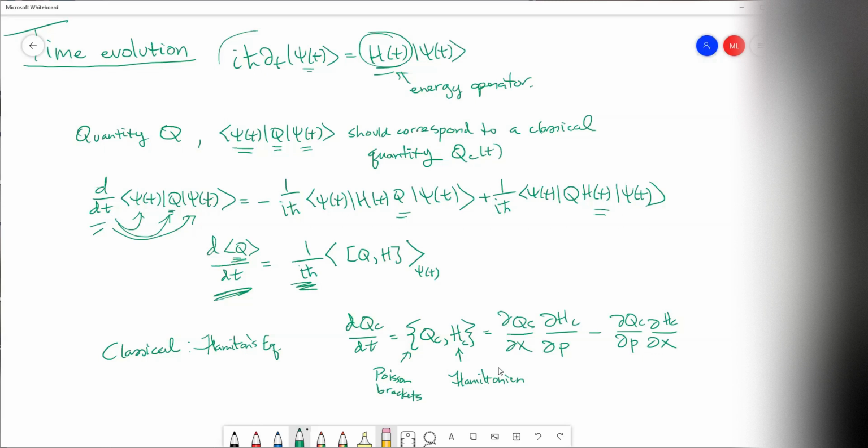The idea is that if you can make a connection between the Poisson brackets and the commutation relation, modulo an i h bar, then it would make sense to think about this H operator as an energy, because that's kind of what happens for the classical equation of motion for this classical variable, which should be related to the expectation value of the related observable in quantum mechanics.